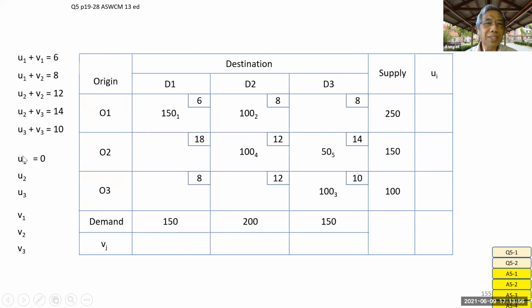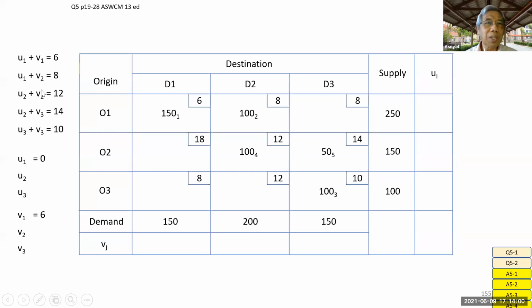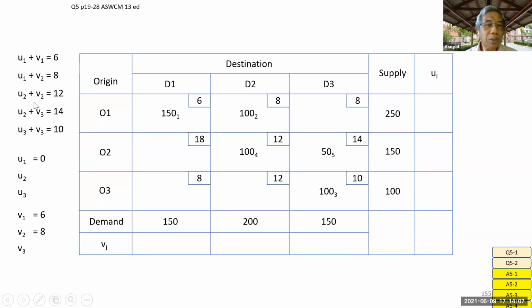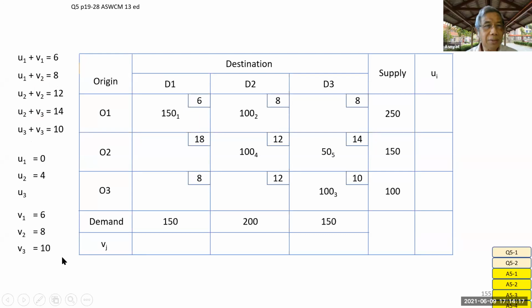Very easy, right? V1 is 6. The same way, V2 is 8. Now we know V2, so U2 is 4. From U2, V3 is 10. And if we know V3, U3 is 0.